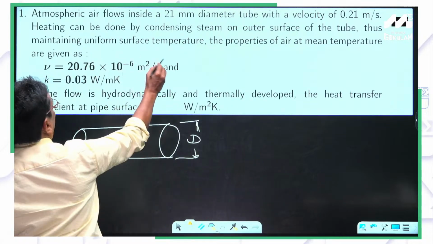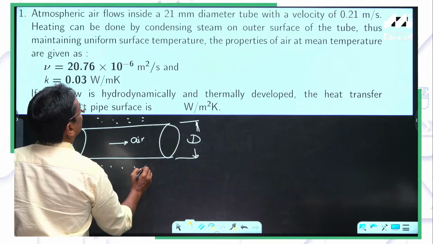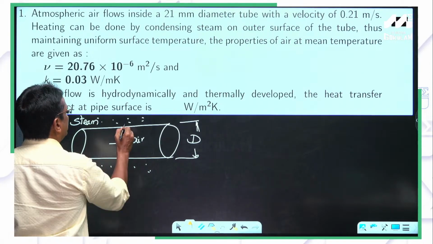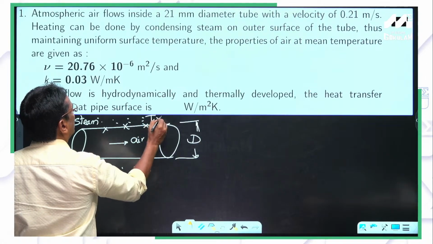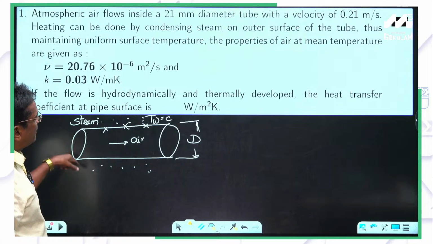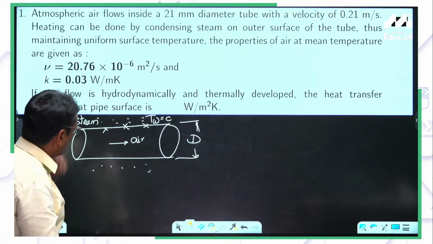Heating is done by condensing steam on the outer surface. When the steam is condensing, the temperature of the pipe all along the pipe will definitely be constant. I can say it is a constant pipe wall temperature condition. How do I decide?